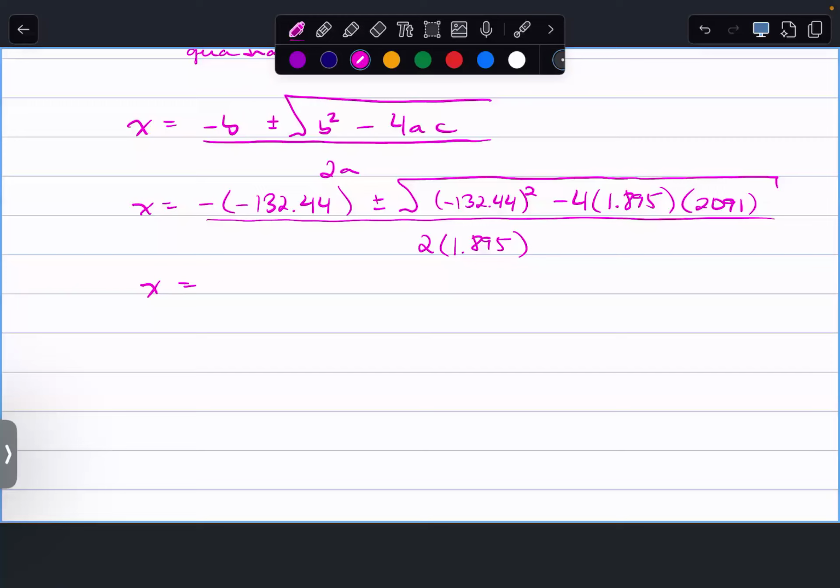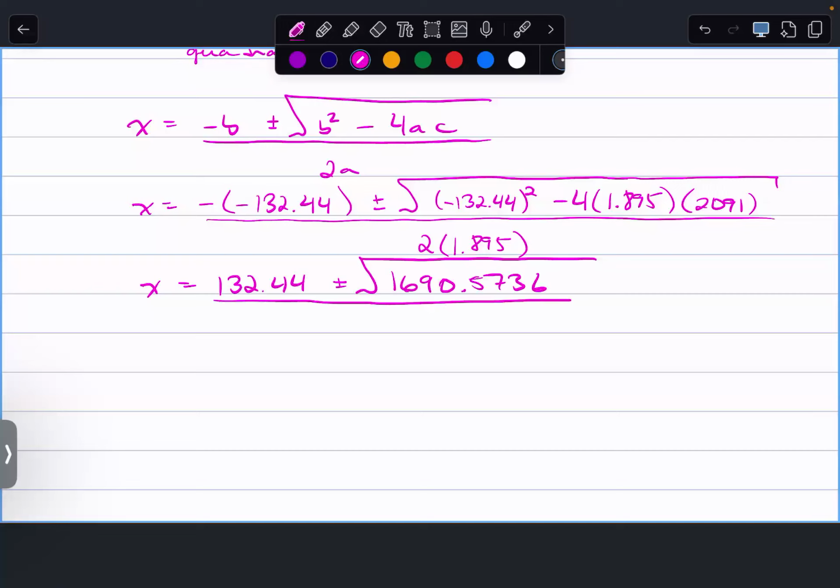So I get x is 132.44 plus minus the square root of 1,690.5736, divided by 2 times 1.895, divided by 3.79.